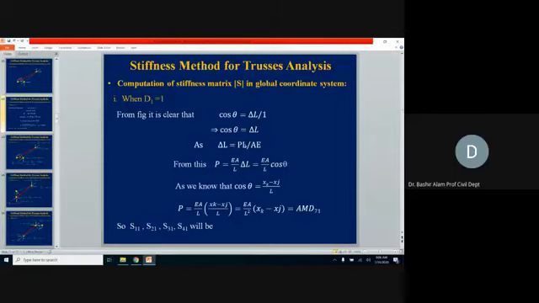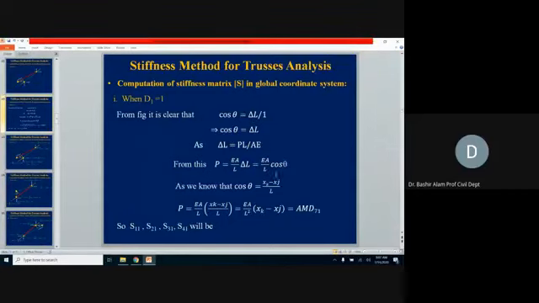Now from this equation, how much force will be produced? P is equal to EA divided by L times delta L. And delta L we have, which is equal to cos theta. So instead of delta L in the above equation, we put EA divided by L times cos theta.